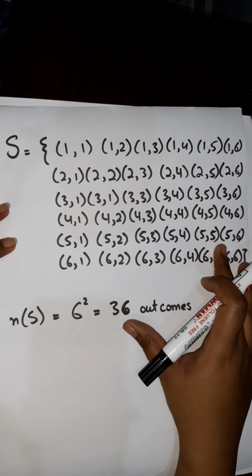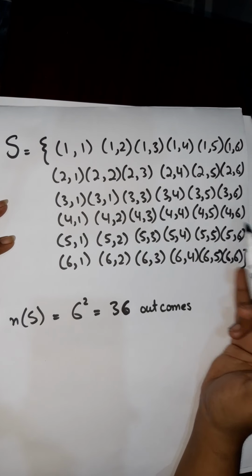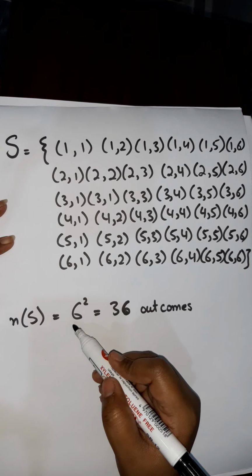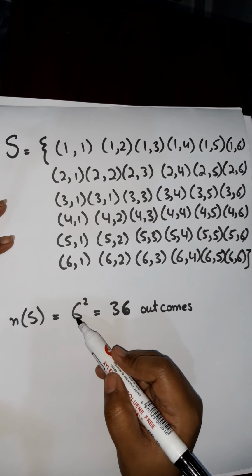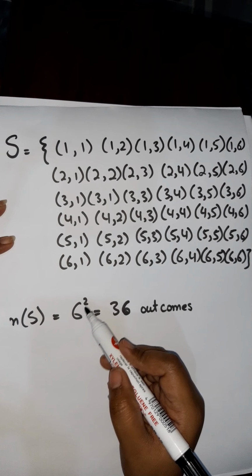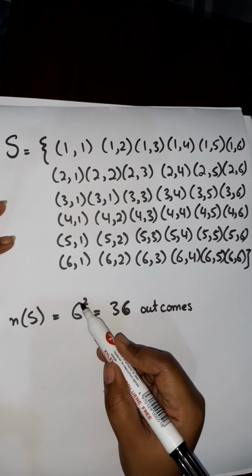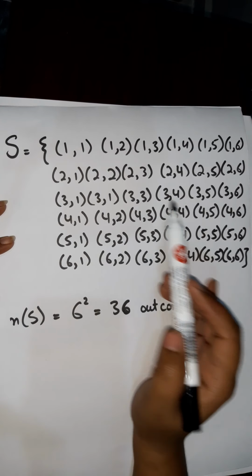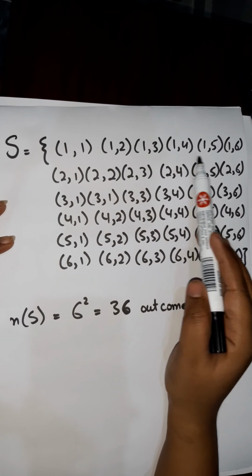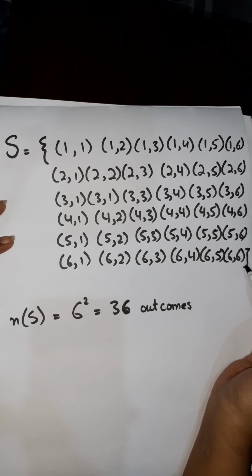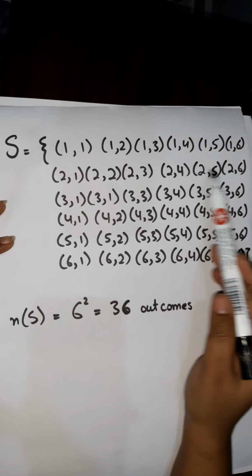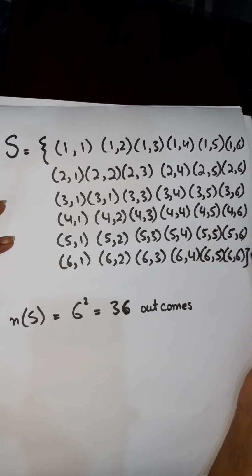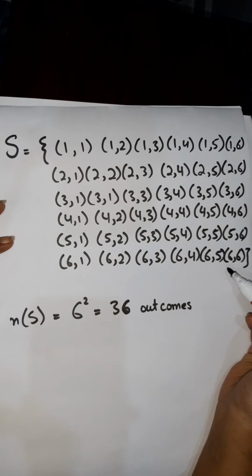When 2 dice are rolled, we put the power 2 on 6, because in a single die there are 6 outcomes. So when 2 dice are rolled, the power becomes 2 and there are 36 possible outcomes. In detail we studied in our last lecture how these outcomes are found. So here are 36 outcomes starting from 1 1 to 6 6.